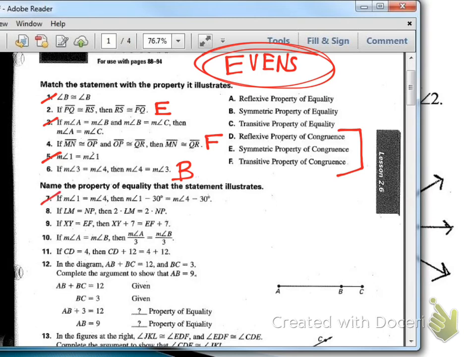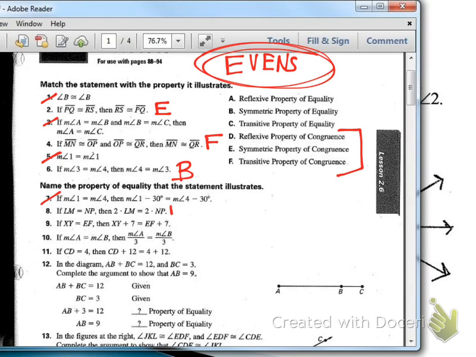Alright, skip 7. Number 8, we're saying which property is shown. So if LM is equal to NP, then 2 times LM is equal to 2 times NP. So what did they do to both sides? They multiplied.